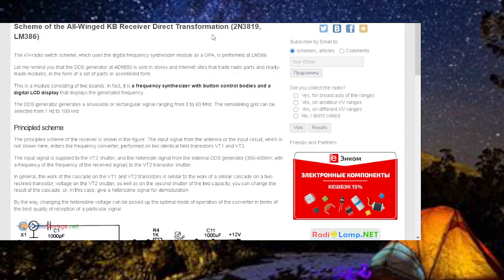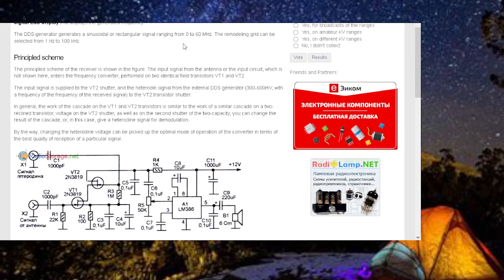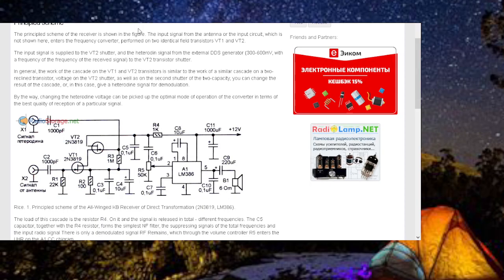Reminds you of the DDS generators. I don't care about that. Generator sinusoid 0 to 60 megahertz, the heterodyne grid can be selected. Principal scheme. Input signal from the antenna input circuit, not shown here, enters the frequency converter performed on two identical field transistors, 2N3819.